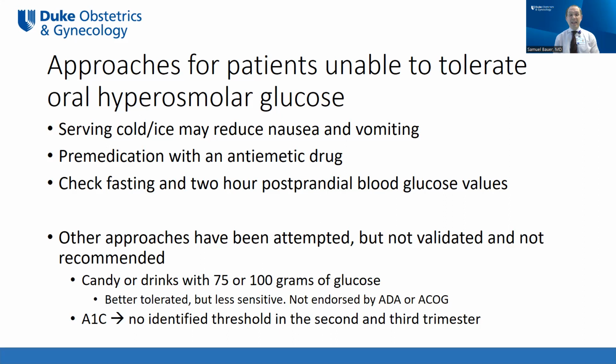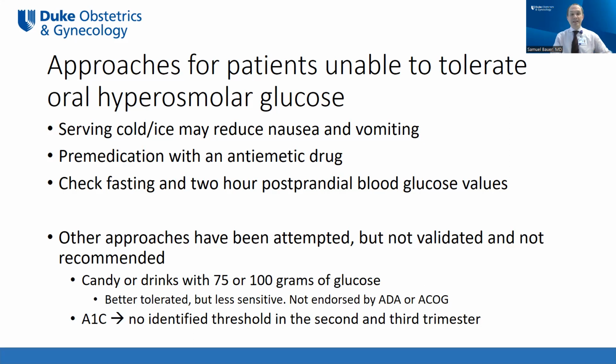In addition, pre-medicating patients prior to doing the test. If patients are at increased risk for dumping syndrome or really are not able to tolerate the testing, you can get a glucometer, do fasting and 2 hours postprandial, breakfast, lunch, dinner for a week, look at the values and make the diagnosis that way.